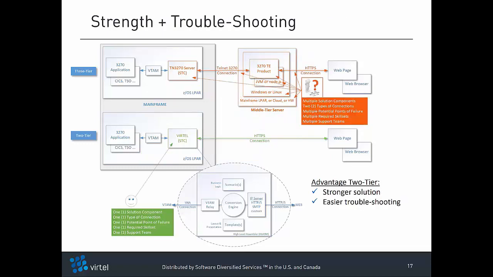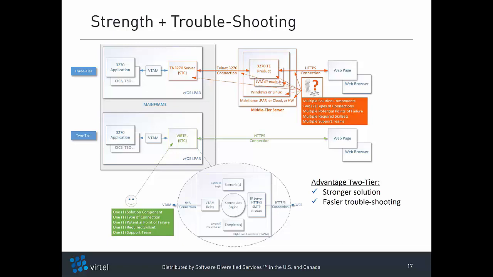A 2-tier solution is also stronger and easier to debug than a 3-tier solution. This is because with Virtel, it all happens in one place. That's one solution component, one potential point of failure, one skill set required to analyze and understand the situation, and one support team, the System Z technical support team, to understand and debug the situation if one arises.